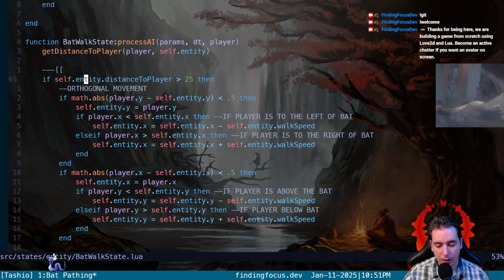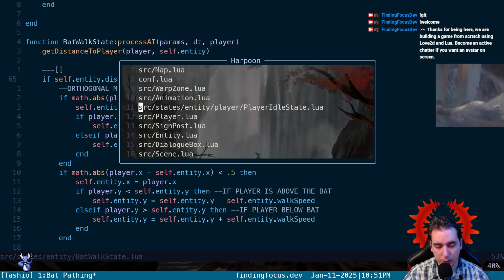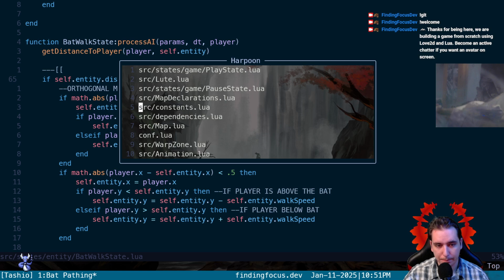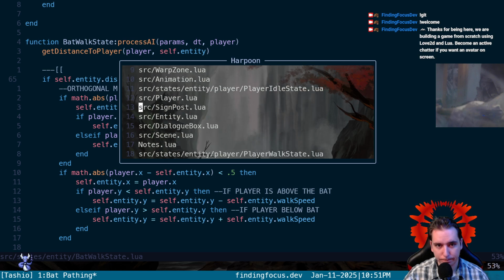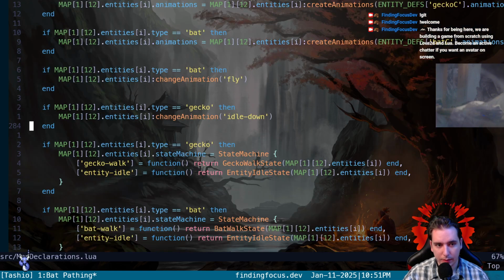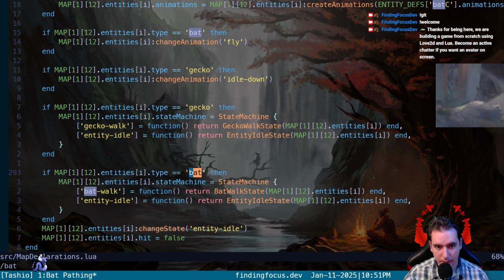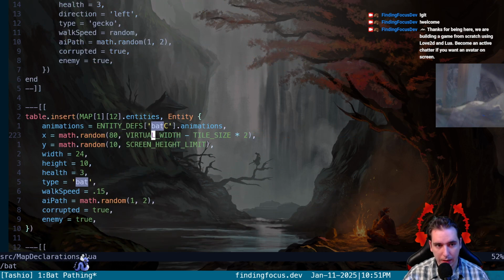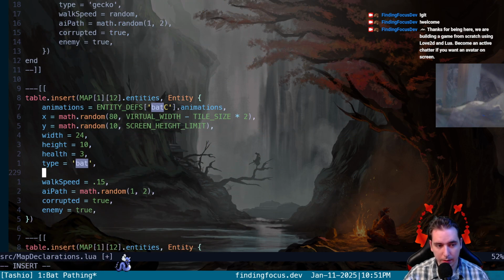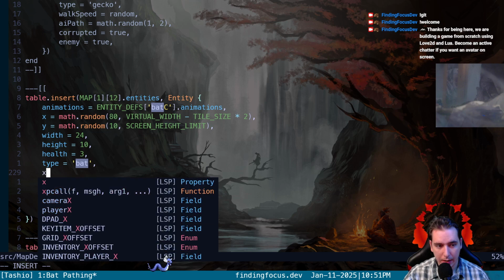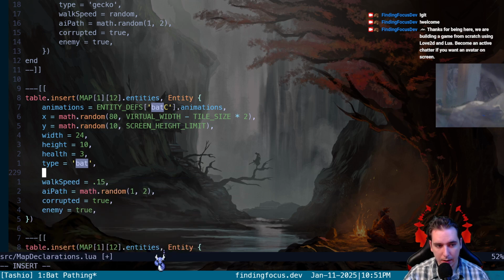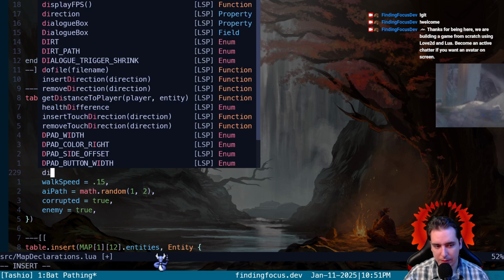Let's see if we can go into our map declarations, and when we give ourselves the bat entity, we can give it a displacement option.